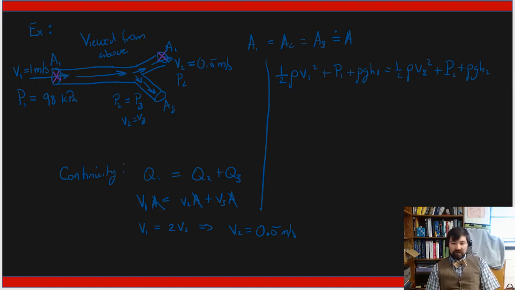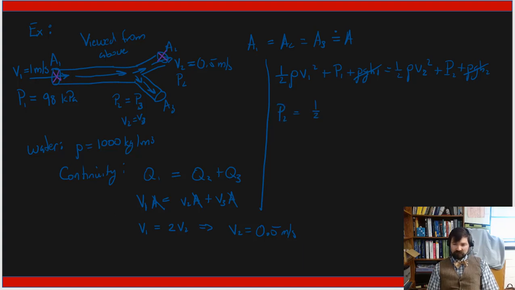Okay. Again, I said that this is water. So water, we know that the density of water is 1,000 kilograms per cubic meter. Okay, so since the heights are the same, this whole term and this whole term cancel. You could think of this as being a delta H term distributed between two terms. Delta H is 0, so those terms go away. I'm solving for P2.